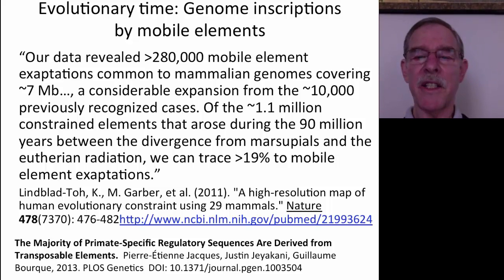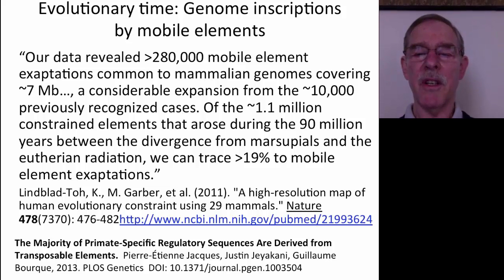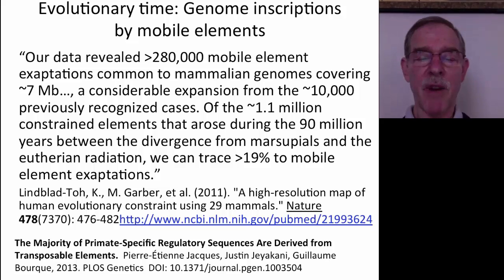And about 19% of all conserved differences between marsupials and eutherian or placental mammals could be traced to the activity of mobile genetic elements.